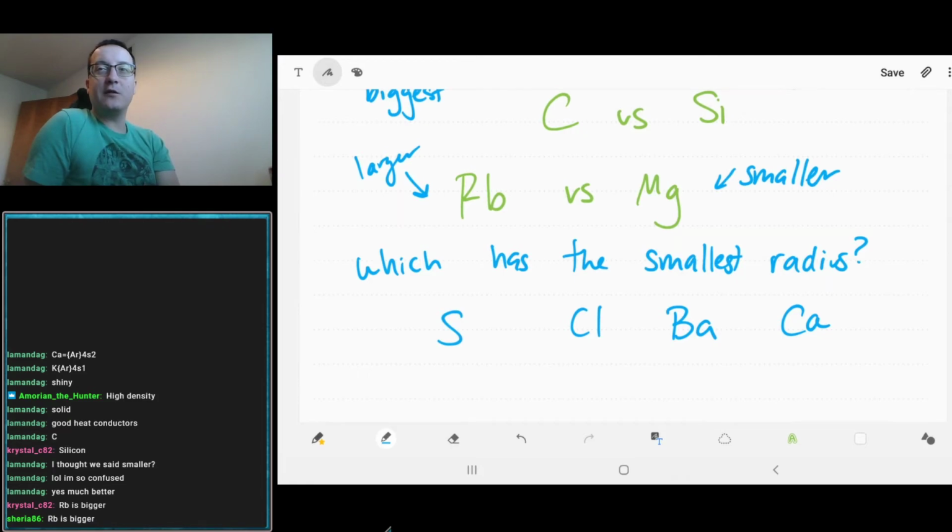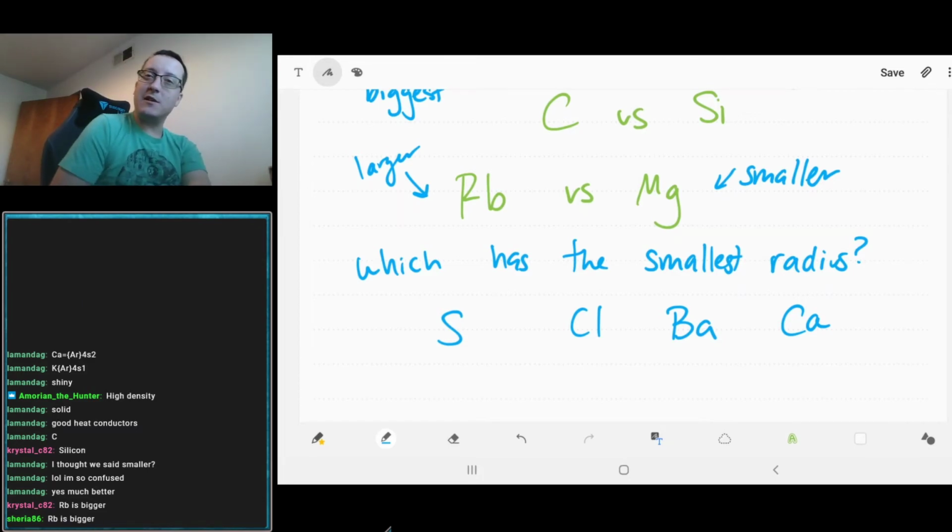So remember, if we imagine atoms are spherical, radius is related to how big it is, right? So small radius means small atom. This is just to put this more into the context of what a question might actually look like. So, for example, this could be a multiple choice question, right? Which of these has the smallest radius?